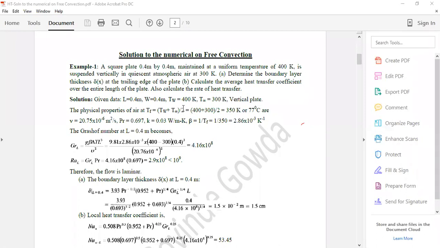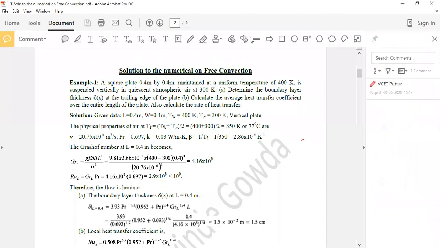For any given condition, the procedure is first you have to identify the characteristic length for the given problem, and you have to find out the properties at mean film temperature.